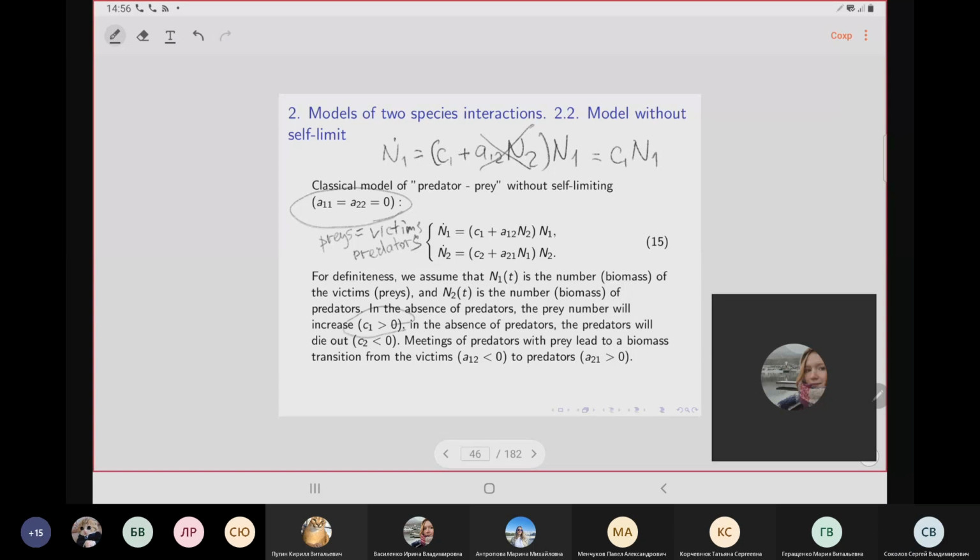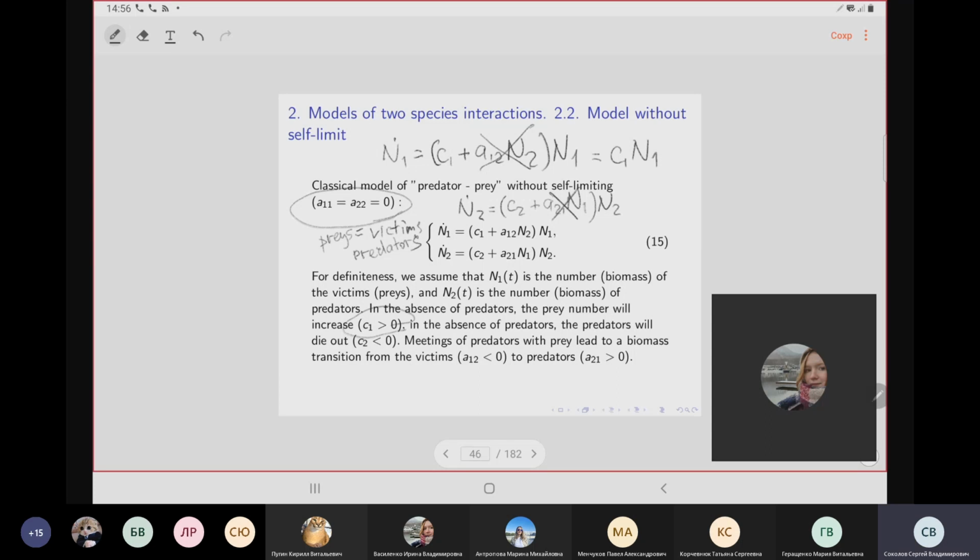Next one, when we consider in the same way the equation for N2, in the absence of our prey, what will happen? If in the forest there are only wolves and there are no rabbits, it's quite clear that our wolves will die, all of them.